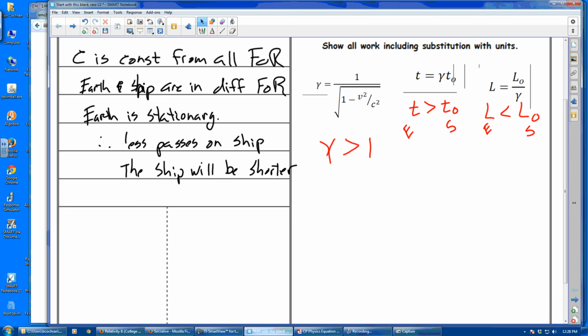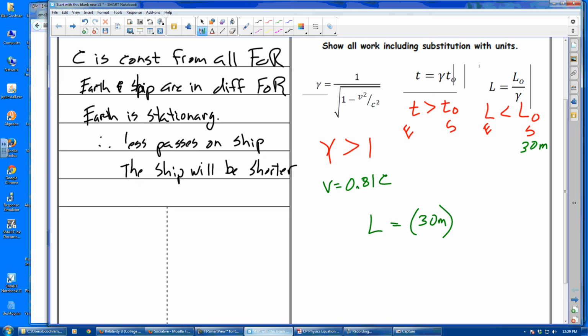So from the ship, they told me it's 30 meters long, so that's going to be L naught. And my velocity is going to be 0.81 c. So L is what I want to know.